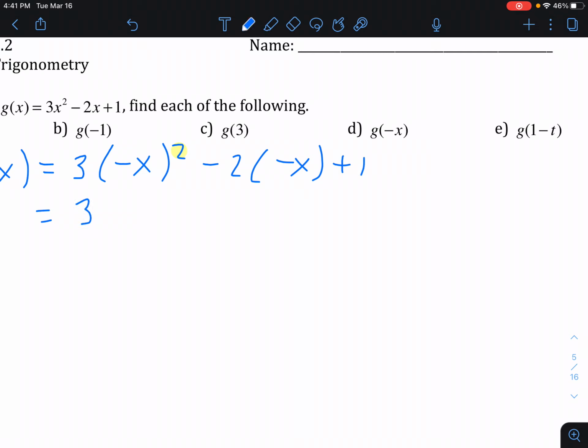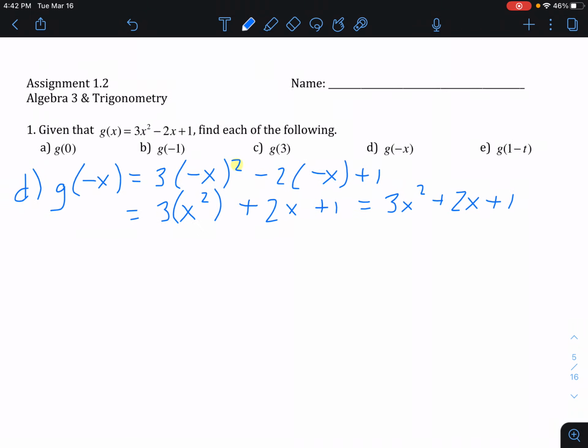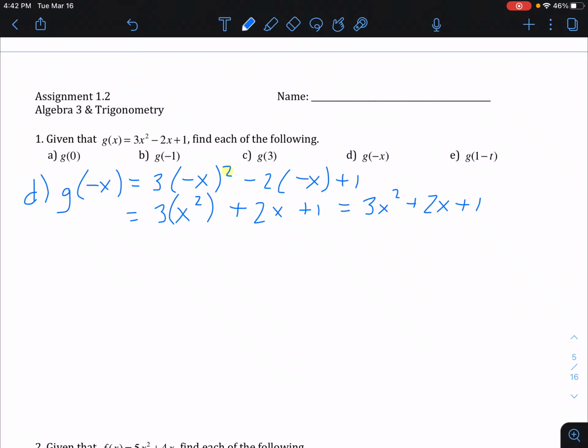So carry down the 3. Negative x times negative x is x squared. And we can also distribute. That'll be plus 2x. Negative times a negative. And then 3 times x squared is just 3x squared. Carry over plus 2x plus 1, and we got to stop there. We can't add them. They're not like terms. So not too bad for letter D.